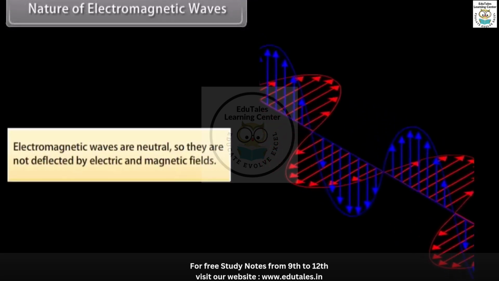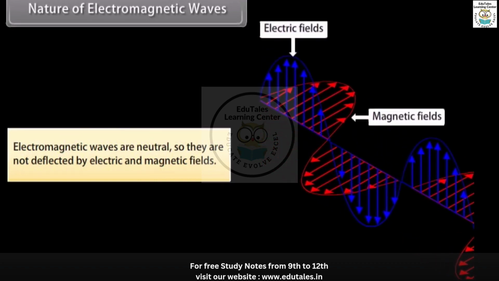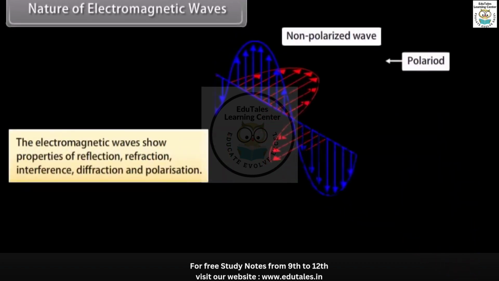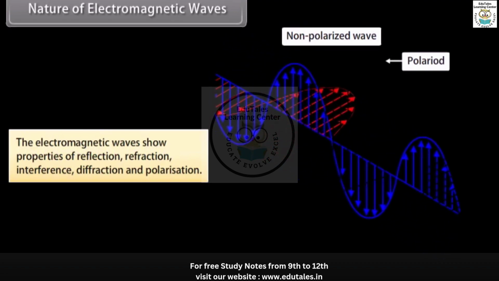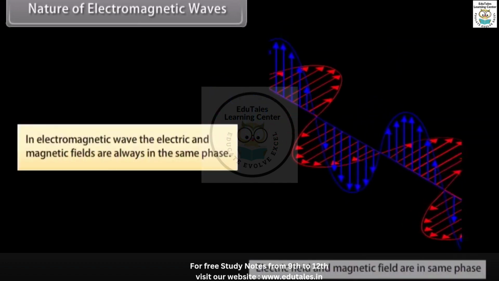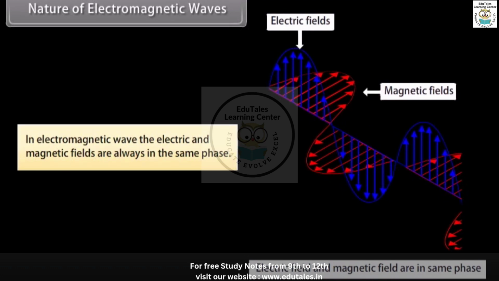Nature of electromagnetic waves. Electromagnetic waves are neutral, so they are not deflected by electric and magnetic fields. The electromagnetic waves show properties of reflection, refraction, interference, diffraction, and polarization. In electromagnetic wave, the electric and magnetic fields are always in the same phase.